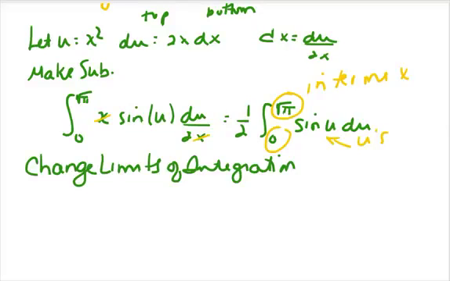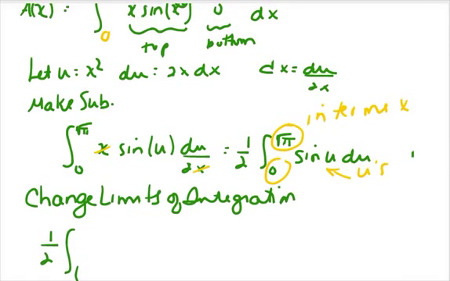I don't care which way you go. I'm going to do a substitution all in terms of u, so I'm going to change the limits of integration. Whatever you let u equal, I'm going to put the limits of integration into that.